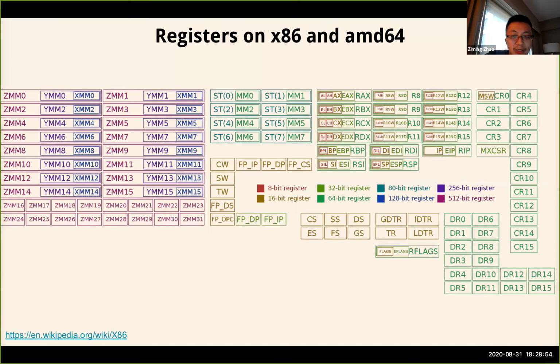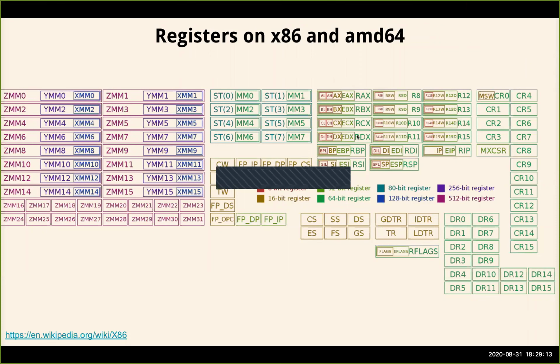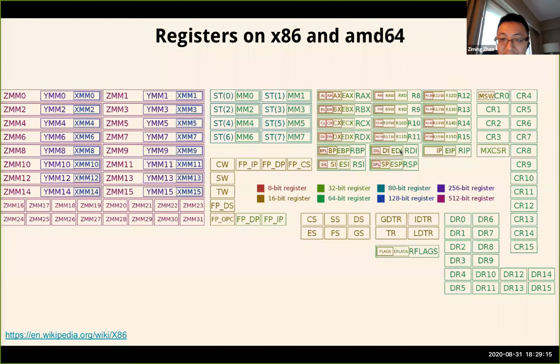Okay, so this is a bigger picture of all the registers available on x86 and also 64. As you can see, here we have EAX, EBX, ECX, EDX, and ESI, EDI, EBP, ESP. EAX is 32-bit.